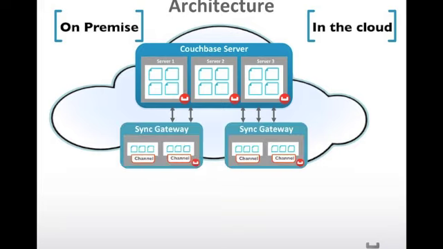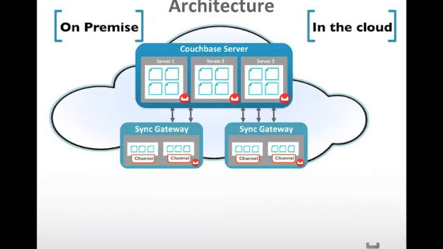So the Sync Gateway is a shared nothing tier that essentially sits between Couchbase Server for storage and mobile devices that are out in the world. From a scalability and architecture standpoint, you can almost think of Sync Gateway as occupying the application tier, in that you can have however many instances of Sync Gateway running.